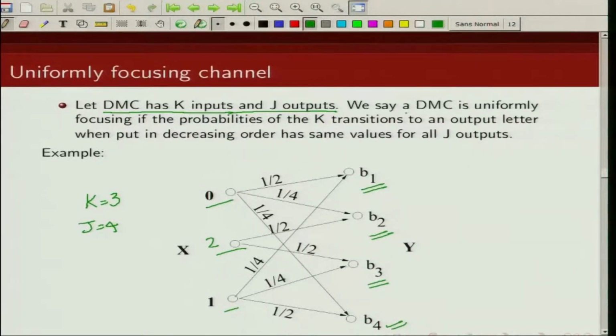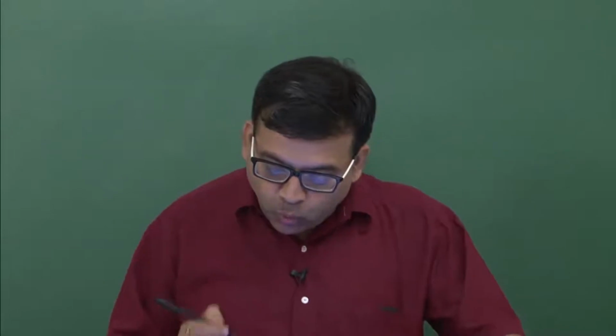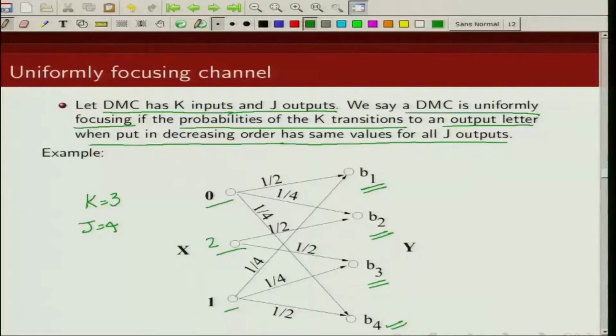Now we say a discrete memoryless channel is uniformly focusing if the probabilities of k transitions to an output letter, when put in decreasing order, have the same values for all j outputs. So what we need to do is look at the output letters.